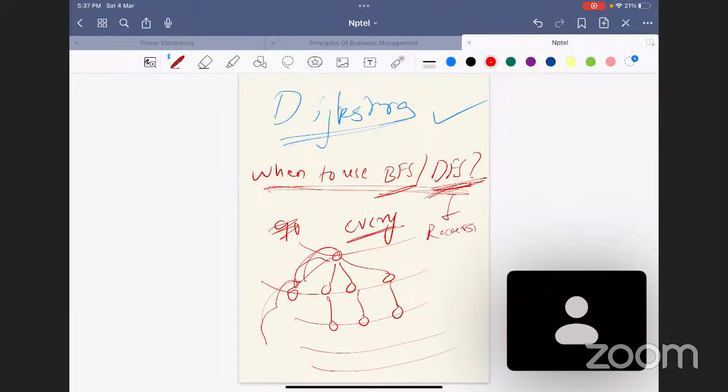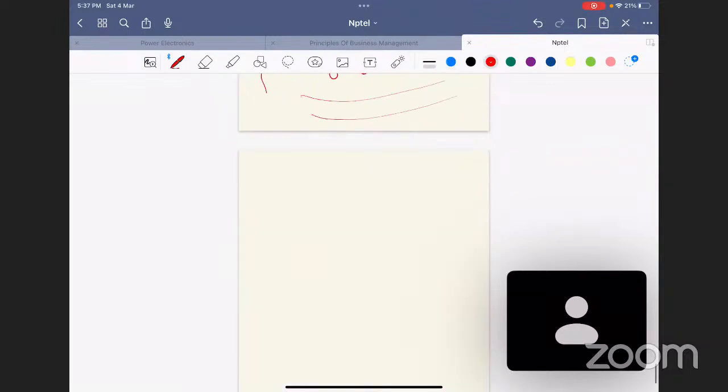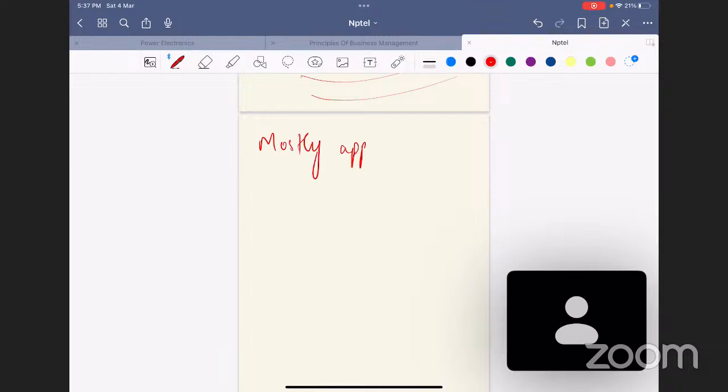I don't think I can think of special cases where BFS works better than DFS, or DFS works better than BFS. But through my experience, through the type of questions which I have solved, I have mostly applied DFS, because it's a recursion, right?